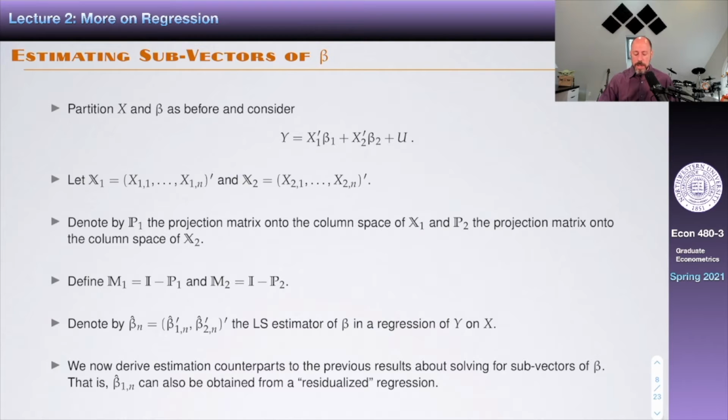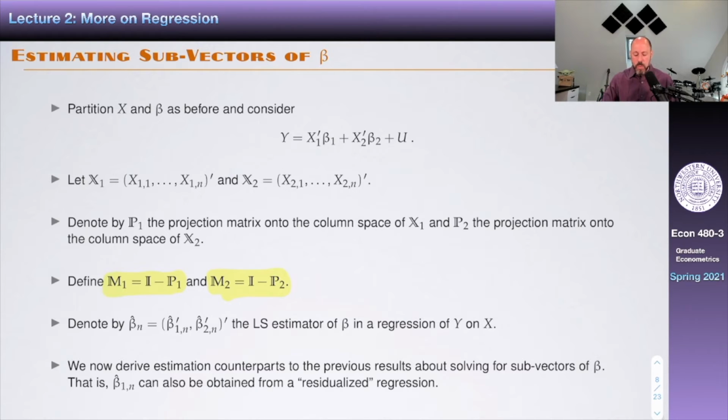And we're going to denote by bold P1 the projection matrix related to x1, and P2 the projection matrix associated with x2. In particular, I'm going to be using these two matrices M1 and M2, which are the ones that we described at the end of the last lecture, which are what we call the residual maker matrices. They just take a random variable minus the projection on the other space.